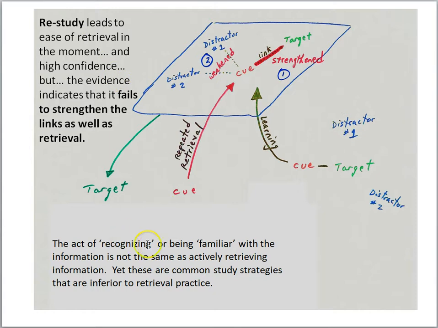So the act of recognizing or being familiar, just restudying your notes, is not the same as actively retrieving the information. Yet these are common study strategies that are inferior to retrieval practice. There is something about retrieving information that strengthens the link, whereas just rereading the cue-target association does not seem to have the same effect on that link.